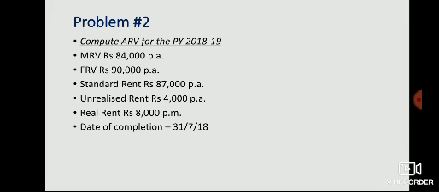Date of completion of the building is on 31st of July 2018. Date of letting 1st of October. So in this problem we can see that we have to deal with condition number 5 and also unrealized rent and also vacancy.